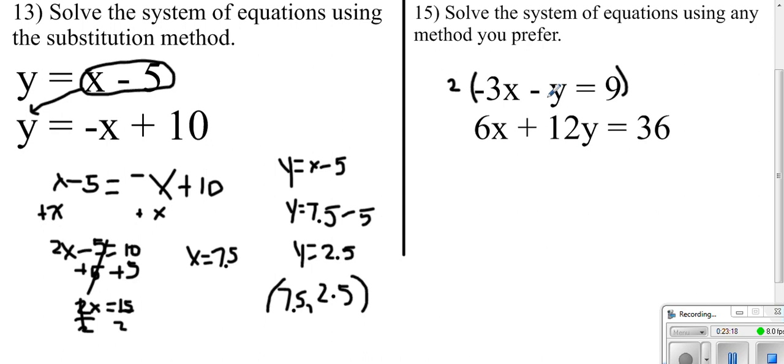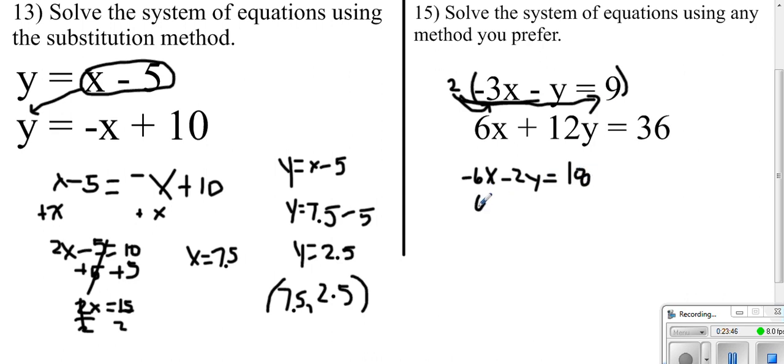If you wanted this to be a negative 12, you would multiply by 12. Right, but I'm going for the x's. So when I do distributive property, it's 2 times negative 3, which is negative 6x. 2 times negative y, which is negative 2y. 2 times 9, which is 18.